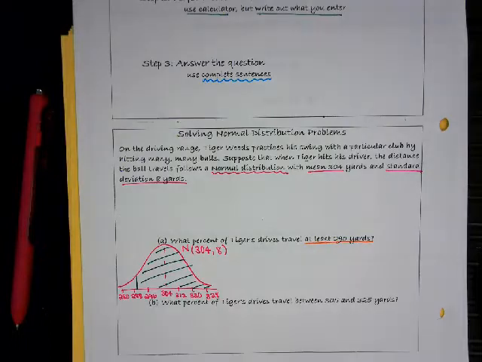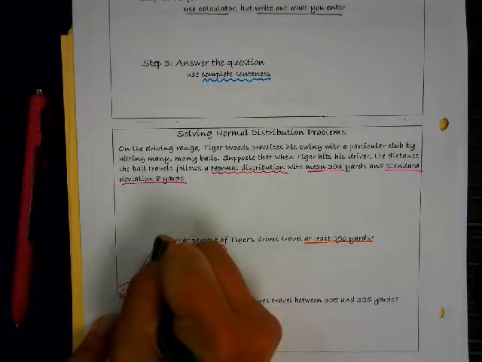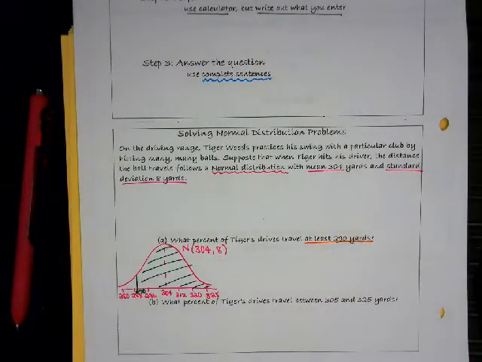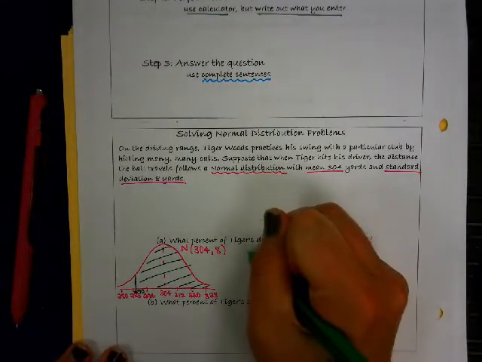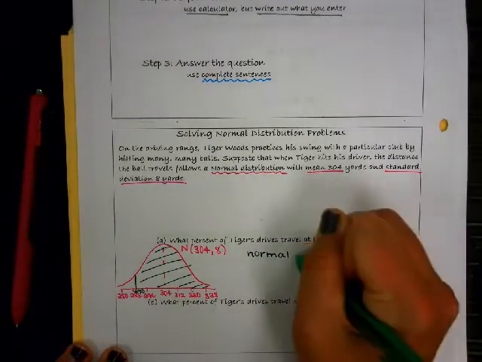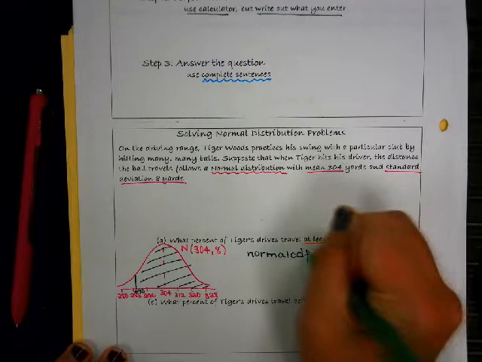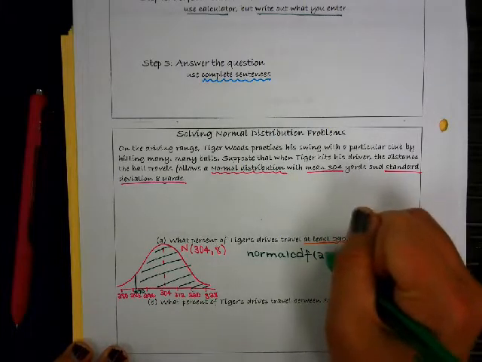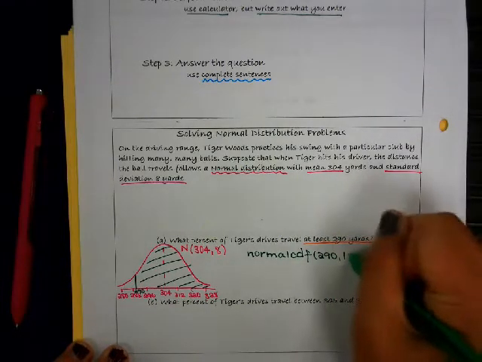And then step 2, so I got my picture. Oh, one thing I forgot. We do want to label the boundaries, so that's 290. And then I'm going to put down what I'm going to enter in the calculator. So is this normal CDF or inverse norm? Normal CDF. What's my lower bound? 290. What's my upper bound? A big number, whether you use that 1e to the 99 or just a really big number.